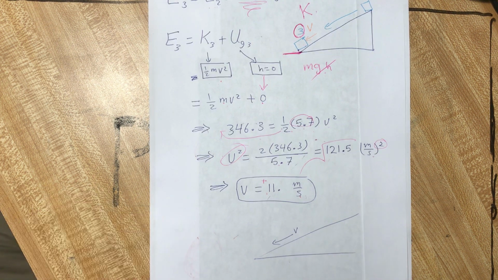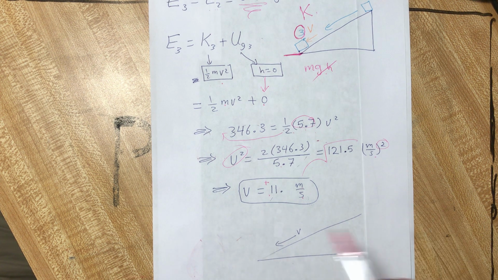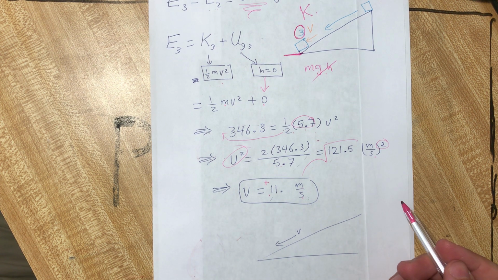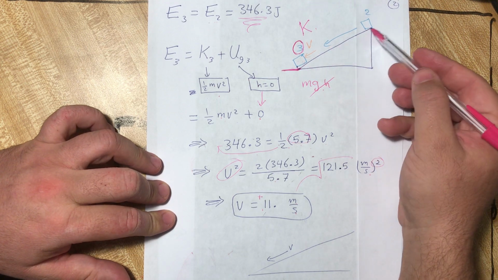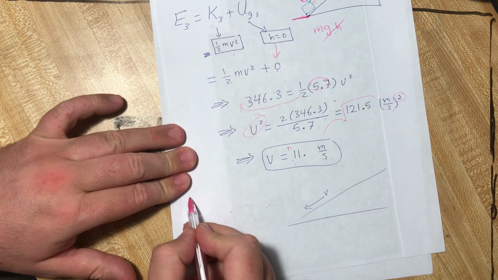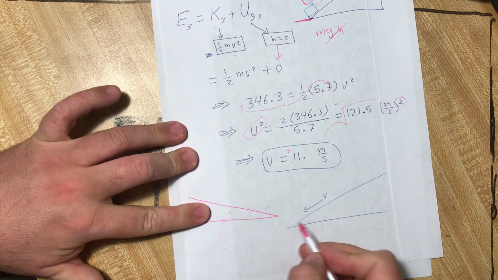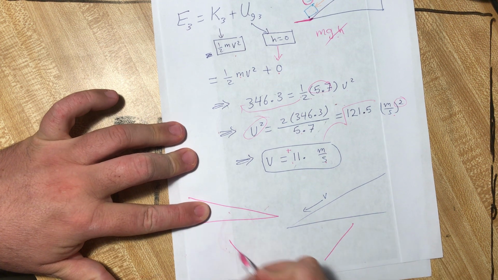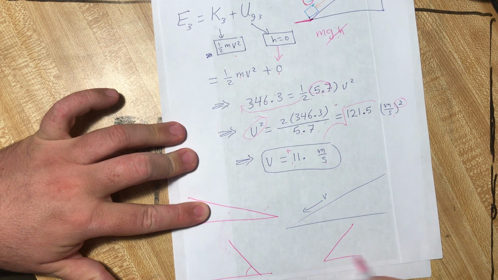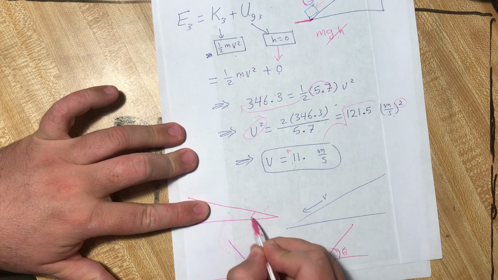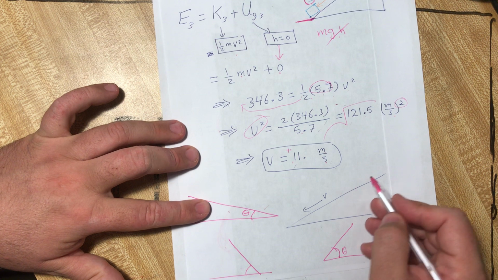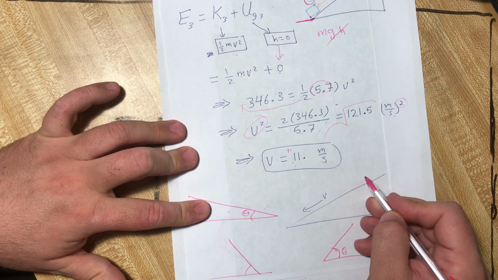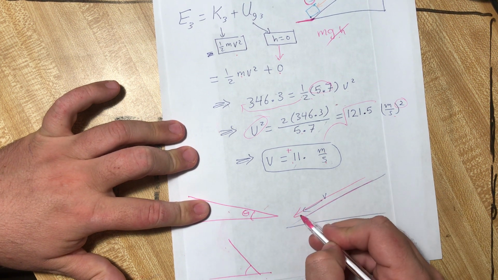And for this velocity we don't need to talk about whether it is in the x direction or the y direction. We don't know, because I draw the hill in this way. Maybe you will draw it in this way, maybe another one will draw it in another way with different thetas. So the velocity will be along, or parallel to, the hill.